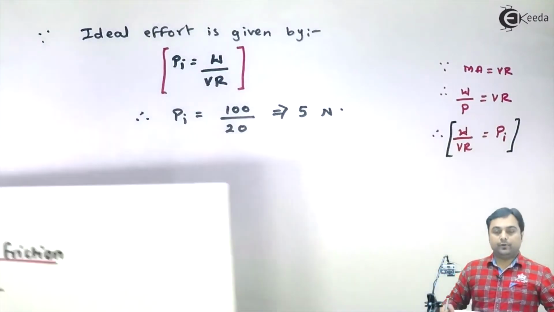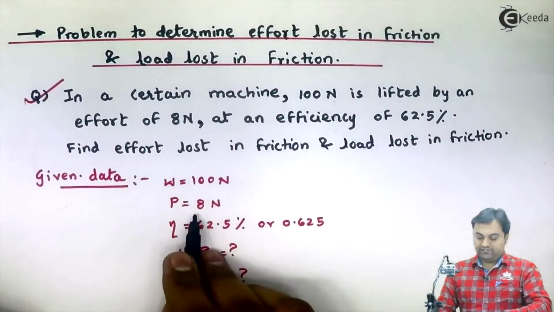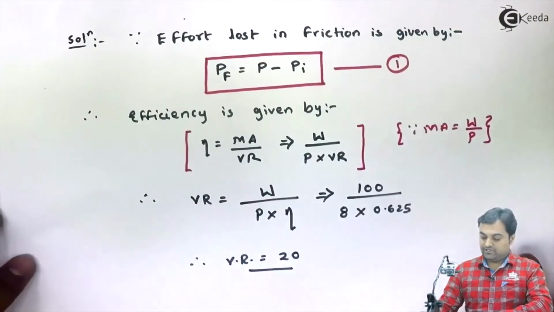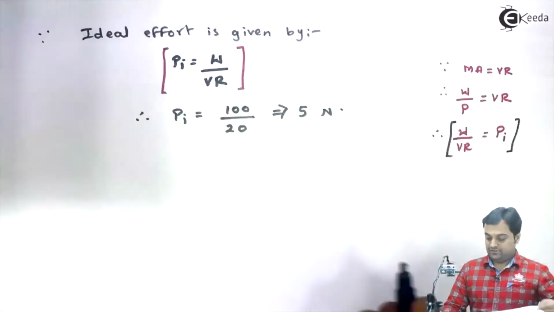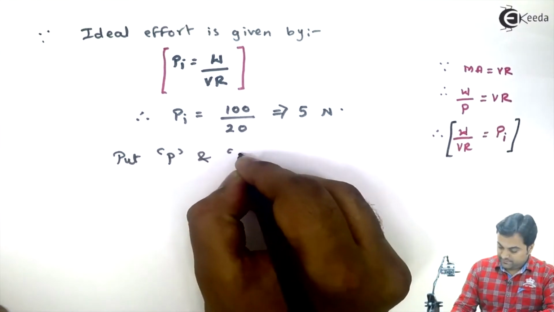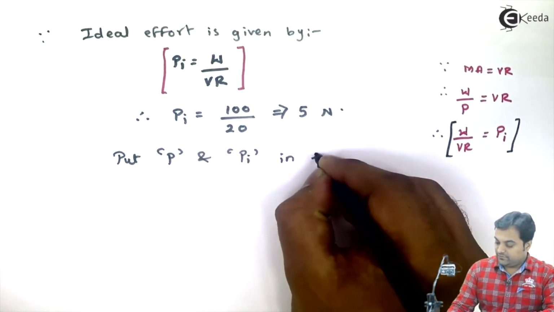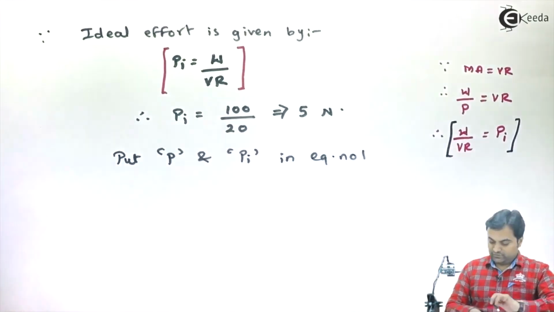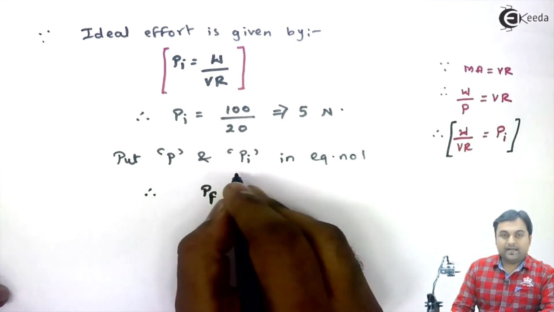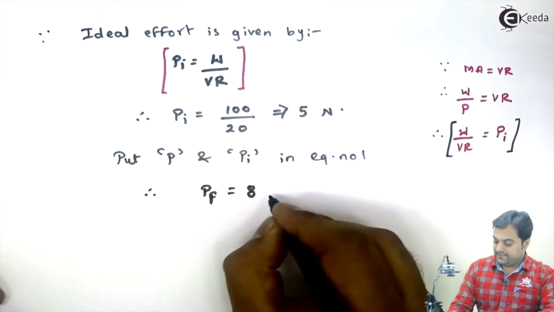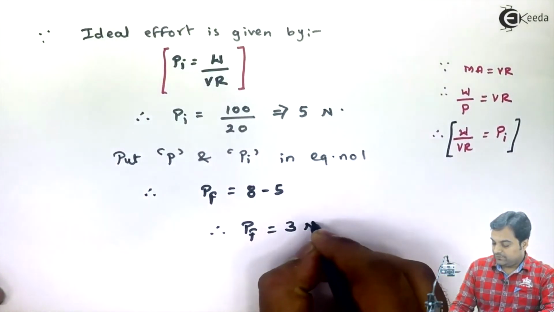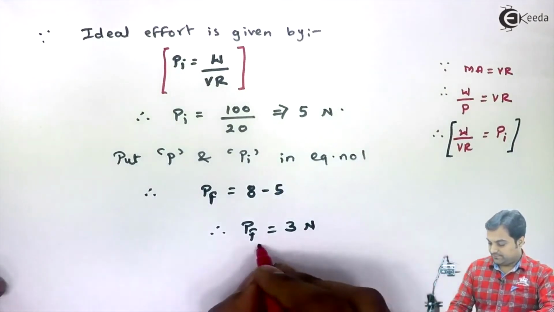Now actual effort is given, ideal effort we have calculated, so we can put all values in equation number 1 to get effort lost in friction. So put P, actual effort, and P suffix I, ideal effort, in equation number 1. Effort lost in friction is equal to P minus Pi. P is 8 and Pi is 5. So finally effort lost in friction is 3 Newton. So this is our first answer.